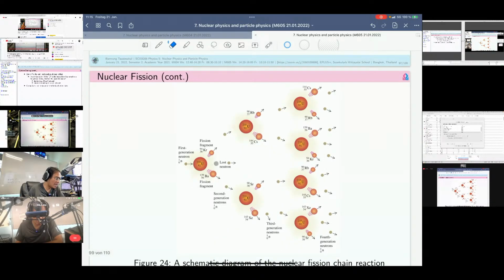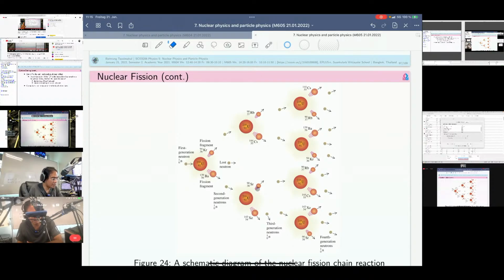Now we got more here. Krypton and barium moving. We get also the neutron, and some of the neutrons don't hit anything. They just get lost. Okay, and some of the neutrons will hit the uranium-235 again, and it produced Rb, Sr. Okay, strontium and xenon, right?